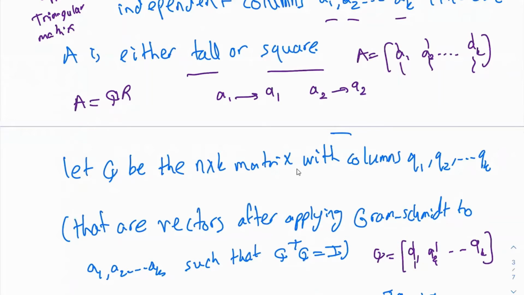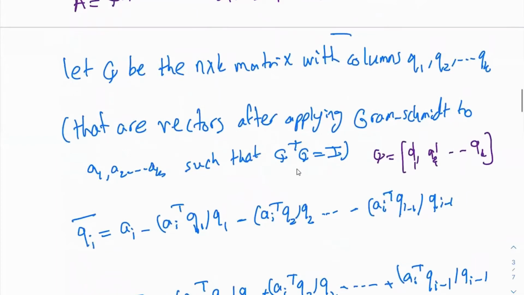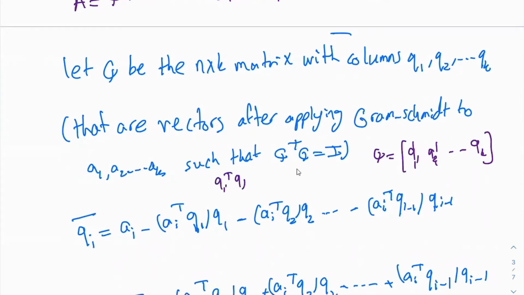So we know, therefore, that these Q vectors, the columns of matrix Q, form an orthonormal set. Why? By construction, by design, right? Remember the Gram-Schmidt? It forms the orthonormal basis vectors, right? So we know that Qi transpose Qj is equal to 0 if i is not equal to j, and is equal to 1 if i is equal to j.